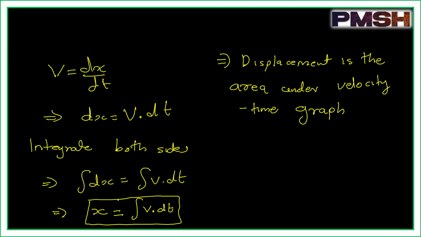And the equation is x is equal to integral v dt. Clear. Now we will discuss the velocity time graph.